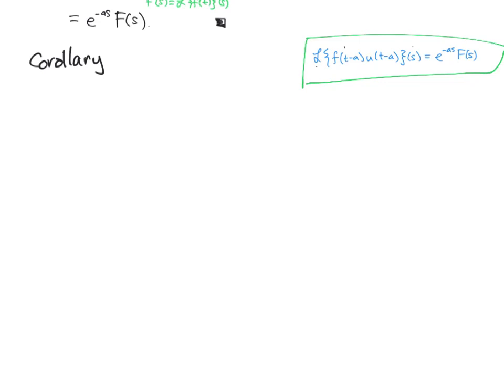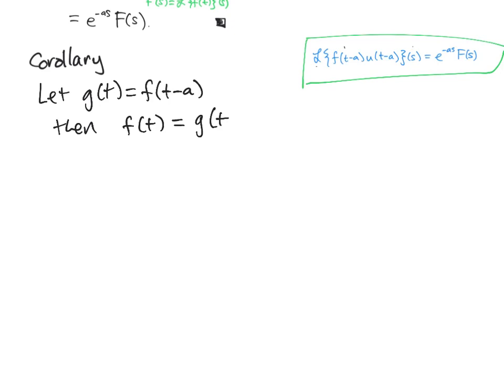So in that case, we will let g of t equal f of t minus a. So now g is the shifted version of our original function. And so then we get that f of t equals g of t plus a. That's just a simple substitution.